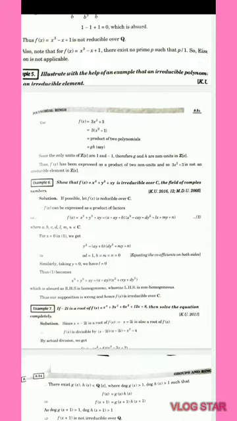Let's do this example which states that an irreducible polynomial need not be an irreducible element. So consider a polynomial f(x) = 3x² + 3.